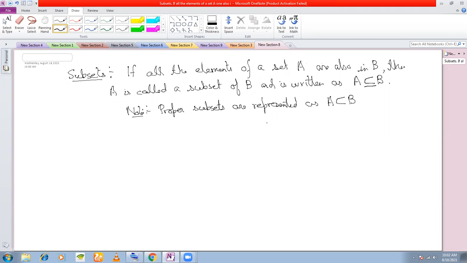In this case, B will contain all the elements of A, but A cannot be equal to B. Then it is called a proper subset. Loosely, we mostly refer to the proper subset as subsets only. Just remember this: when I say subsets, I actually mean proper subset in most cases.